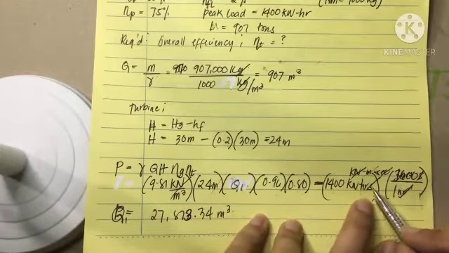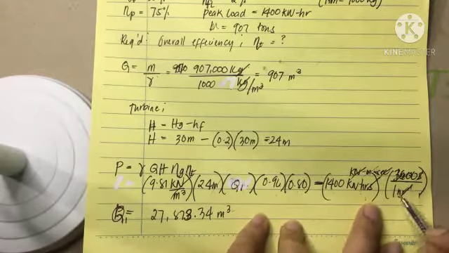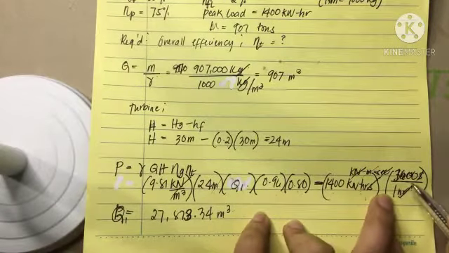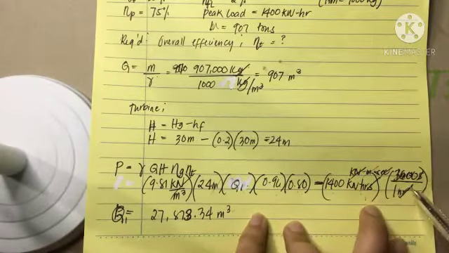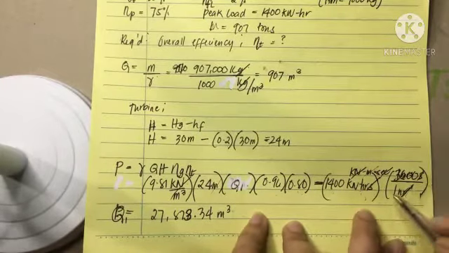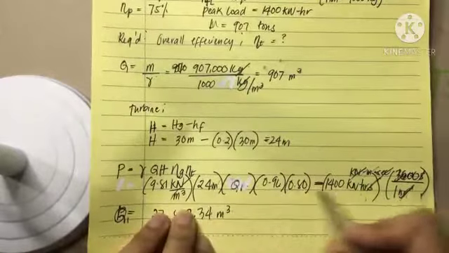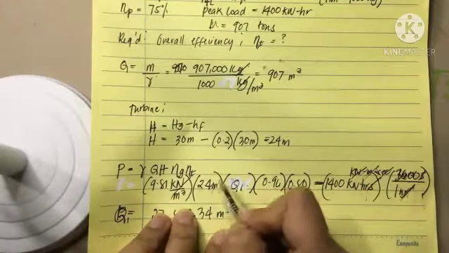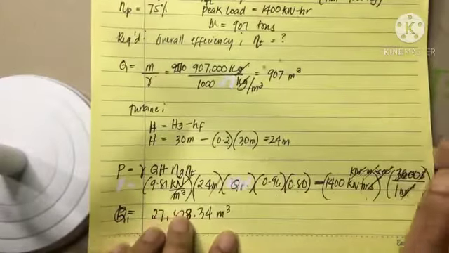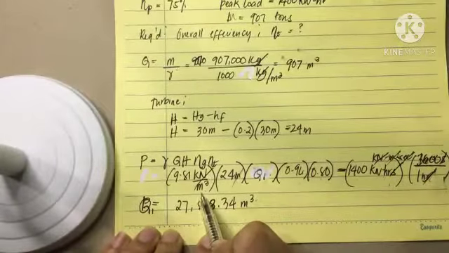So by converting your hours to seconds, we have times 3,600 seconds. So cancel out the hours, the kilonewton, the meter, and the second. So the remaining unit is meter cube.